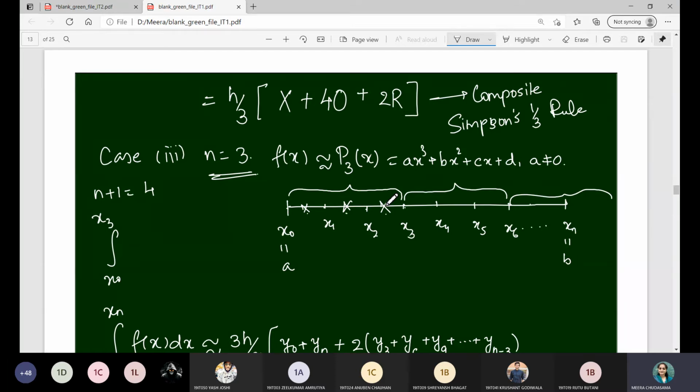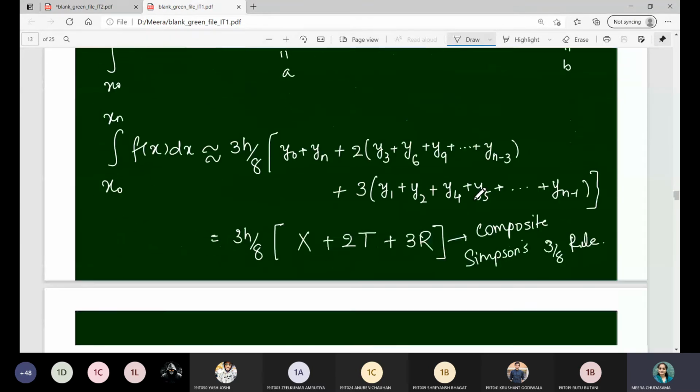Okay. So from this note, let me consider one example so that the idea about all these methods gets clear. So first example, a very simple example I will take.